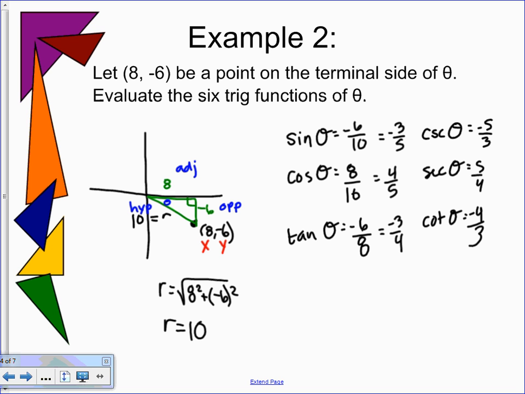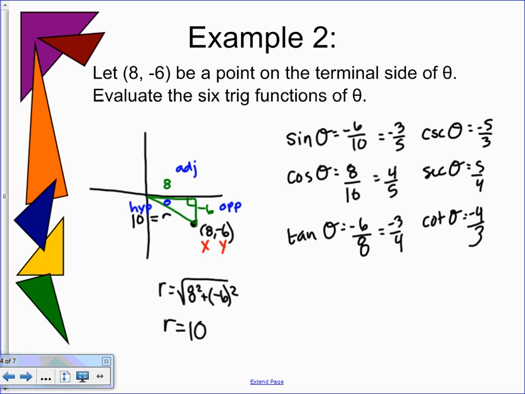Let me ask you this question. Which quadrant is that point located in? 8, negative 6, quadrant 4. And think about All Students Take Calculus. What's supposed to be positive in quadrant 4? Cosine and secant.